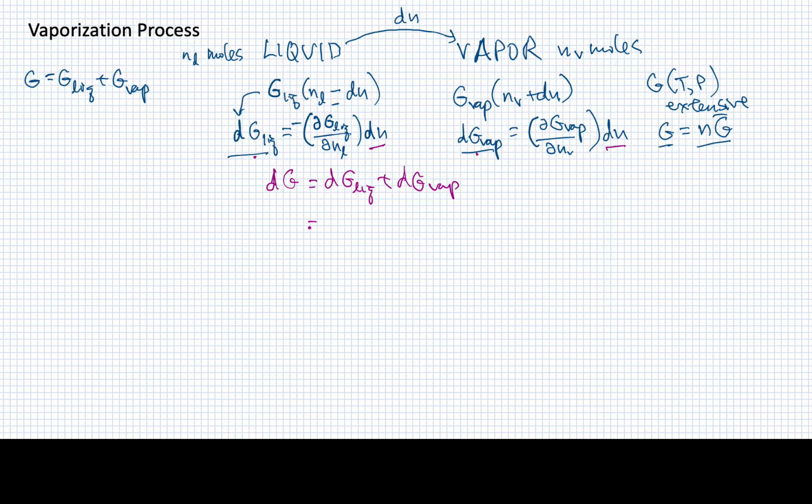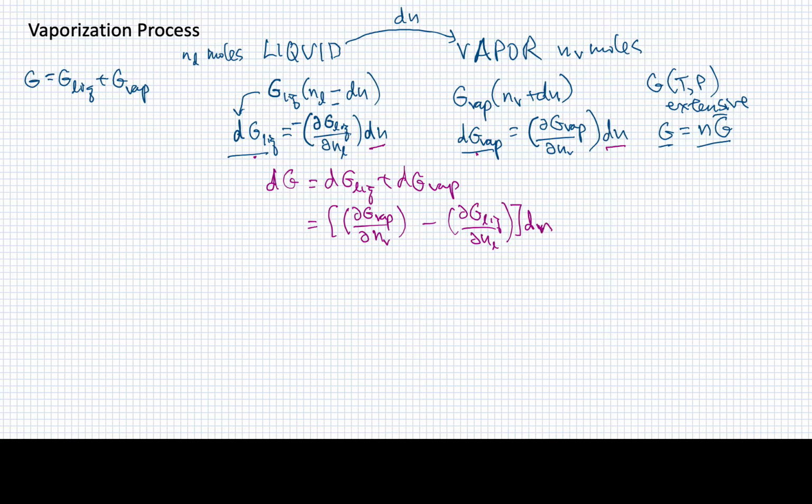So I can write the derivative of G vapor with respect to the number of moles of the vapor, and subtract the derivative for the liquid with respect to the number of moles of the liquid, and then these things multiply dN.